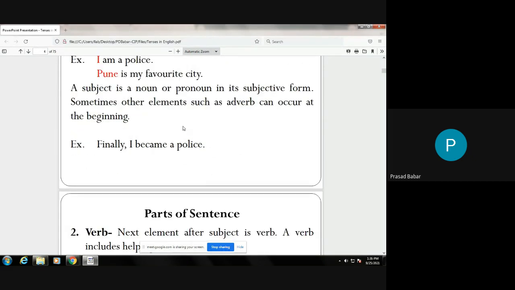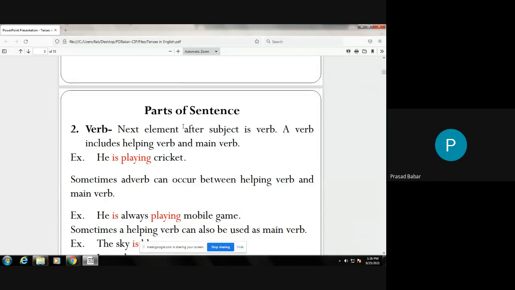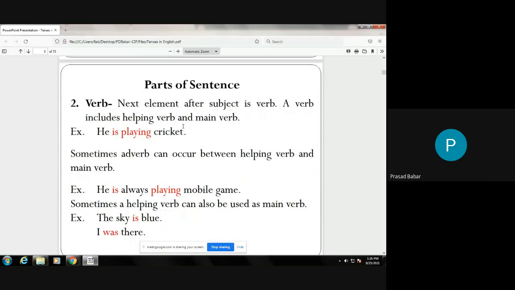Then let's see the next, that is the verb. Okay, parts of a sentence. The next part of a sentence is the verb. The next element after the subject is the verb. So what is a verb? A verb is the action showing word.